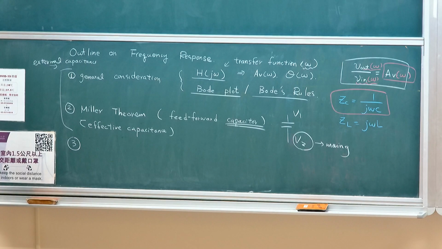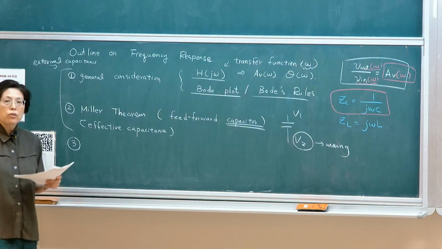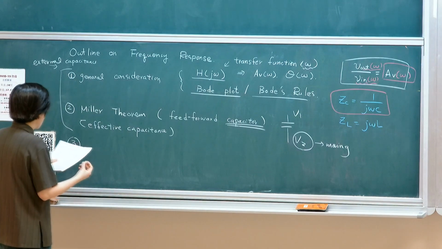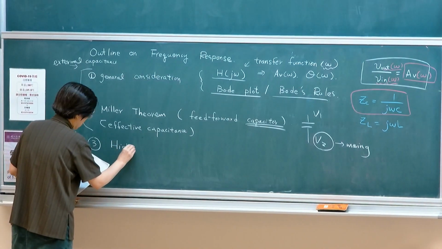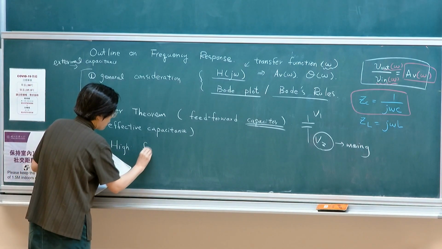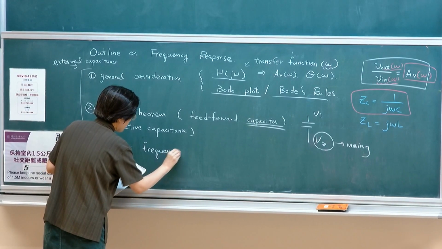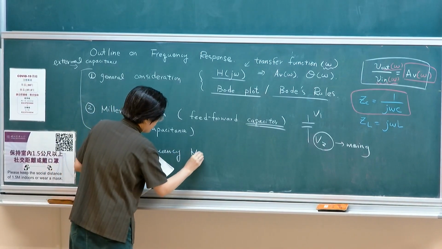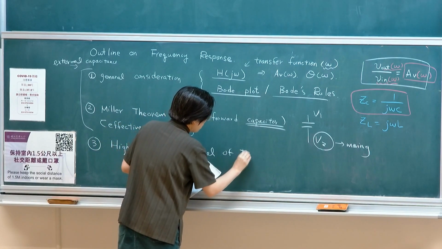But the other thing we need to think about is that, remember, if you go back to transistors, all transistors have what we call parasitic capacitance. So we're going to talk about what we call the high frequency model of transistors.